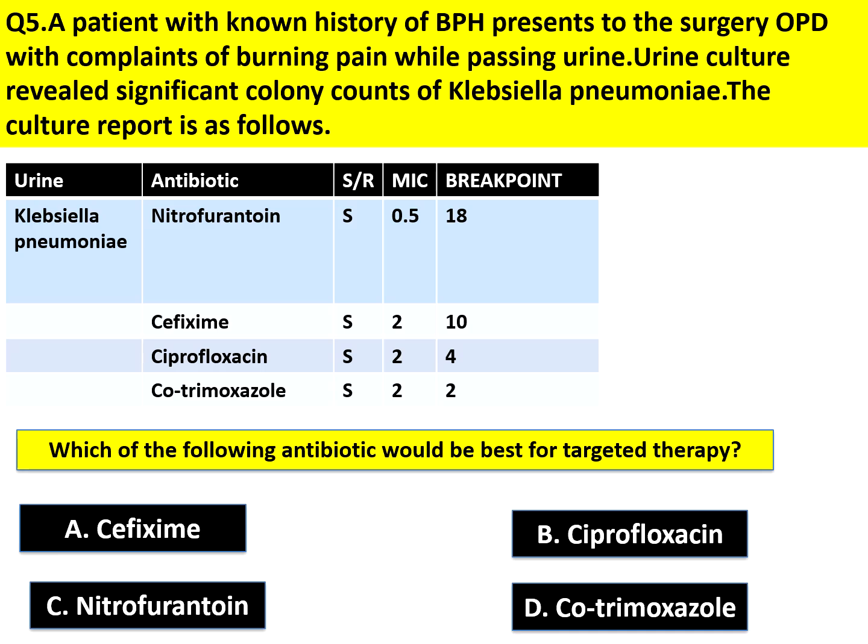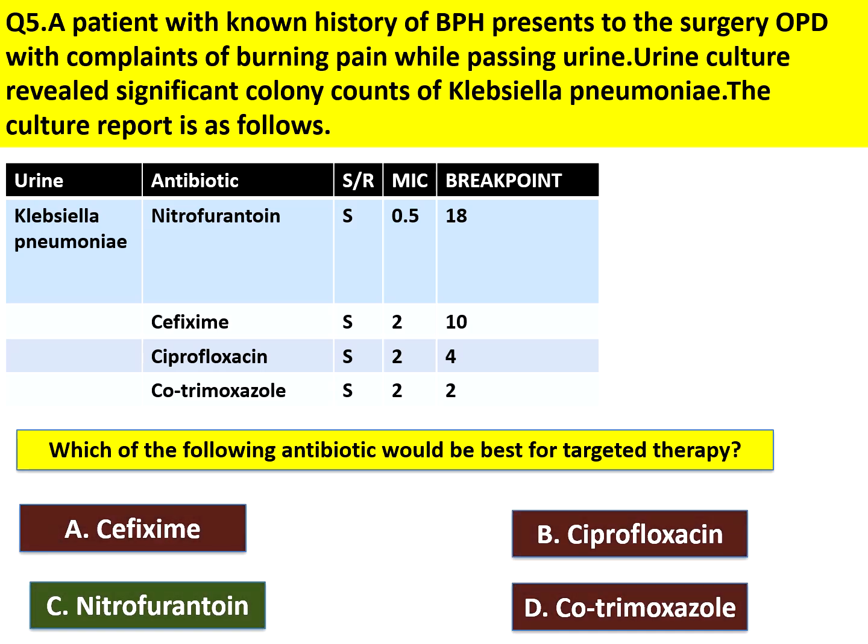Among these four options, which drug has the highest therapeutic quotient here? Obviously, nitrofurantoin. It has a therapeutic quotient of 18 by 0.5, that is 36. For cefixime, it is 10 by 2, 5. For Cipro, it is 4 by 2, 2. And for cotrimoxazole, it is 2 by 2, 1. So the drug with highest therapeutic quotient is nitrofurantoin. So the answer will be nitrofurantoin.